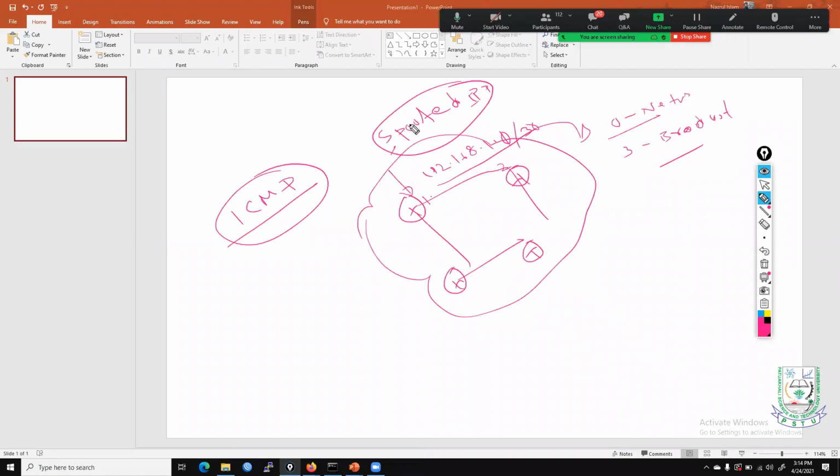Say when he is sending a request to this router or server in the network, he hides his original address, say 10.10.10.10, but when he's sending the request into the network or the device, he spoofs or hides his original IP address.